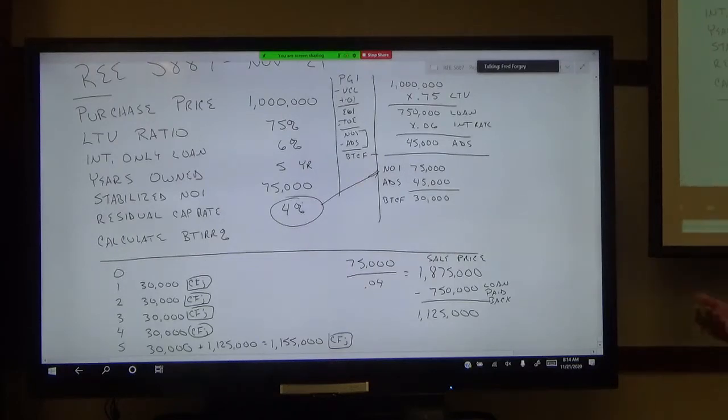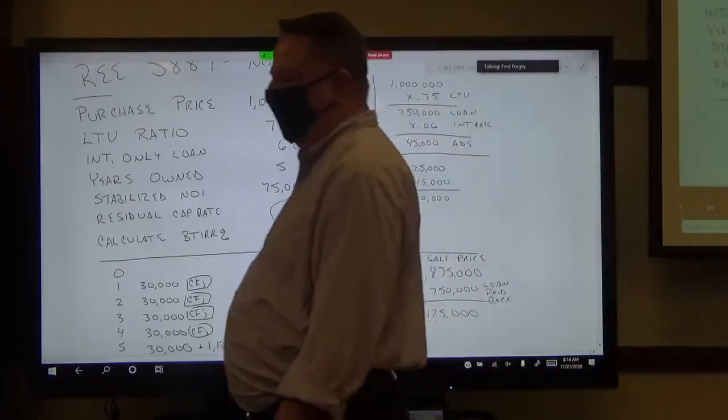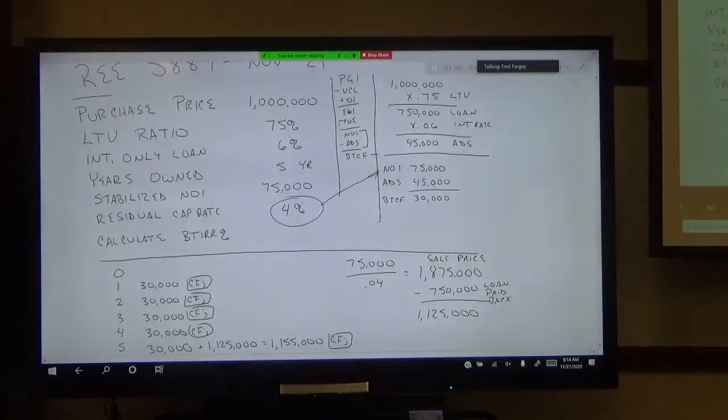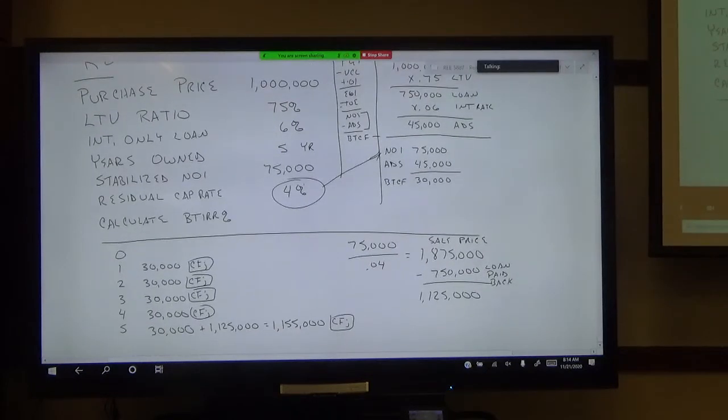So they borrowed 75% of the $1 million, meaning what was their equity investment? $250,000. So $250,000 is going to be the initial cash outflow.